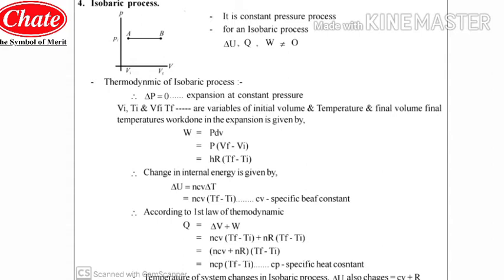The temperature of the system changes in the isobaric process with the change in internal energy, so Cp will be nothing but Cv plus R. R is the gas constant, and Cv is the specific heat constant, which we have already learned about. So students, we will now look at the next part of the lecture.